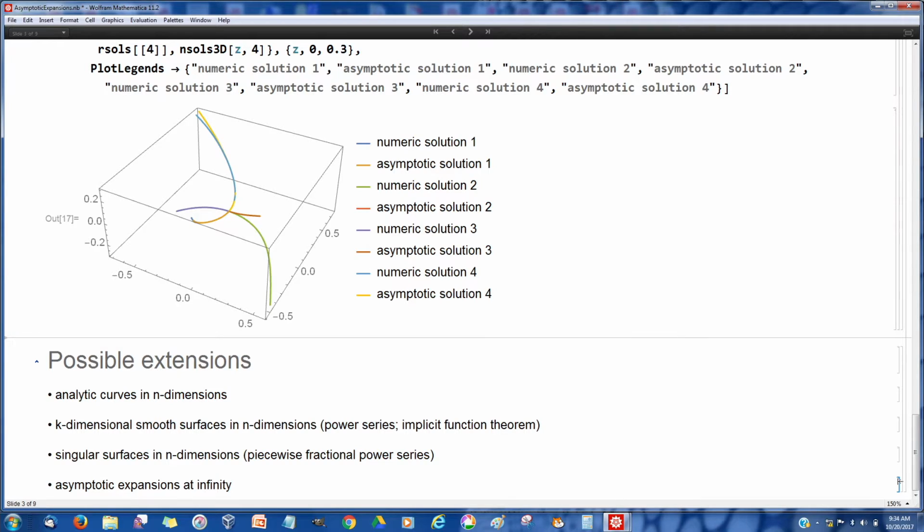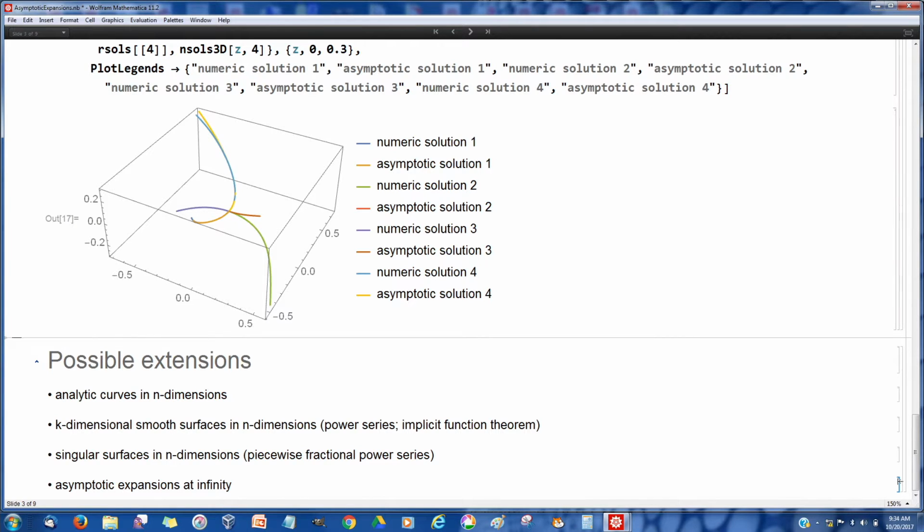It may have piecewise Poisson series or fractional power series that are convergent in some cones, but in general it will be a piecewise solution. So that's the hard case, and also going to analytic functions instead of polynomials. That's also a hard case.